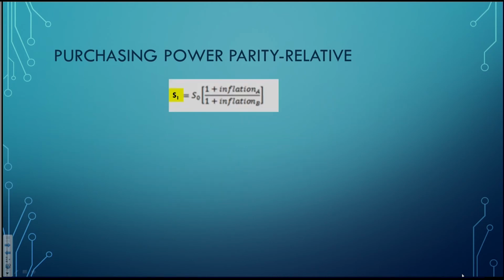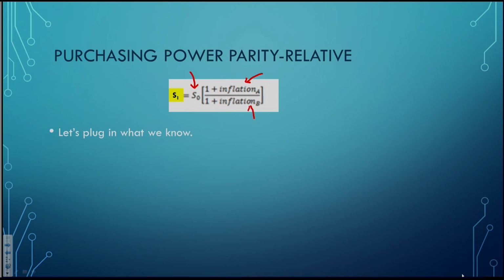So here's our equation again. Let's plug in what we know. So think about the pieces of information I've given you. I've given you S0. I've given you inflation for country A, that's Thailand.